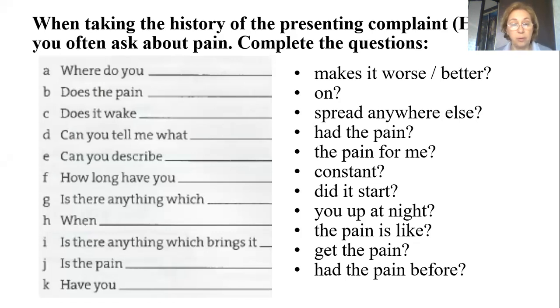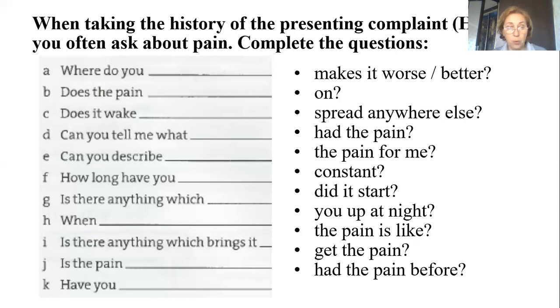Huralai, the next is for you, please. Huralai? Hello? Is Huralai here? I can't hear you. Okay, what about Abdul Rahman? Yes, doctor. Read it, please. How long have you get the pain?